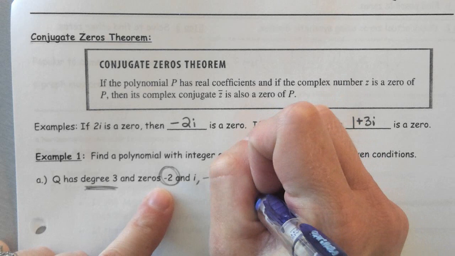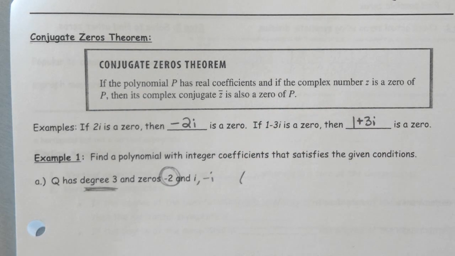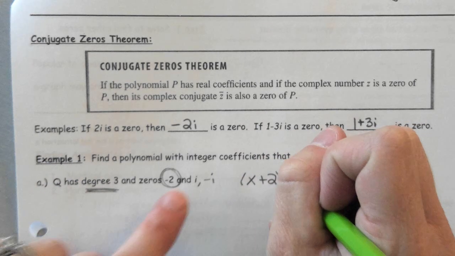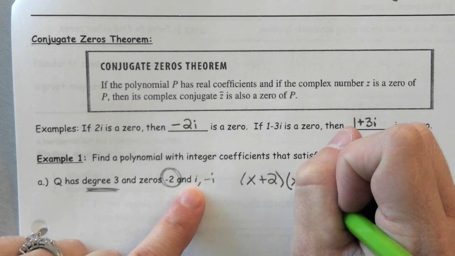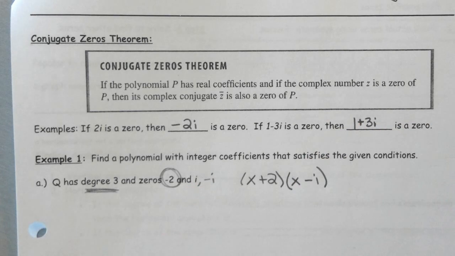Now, we've got to think backwards and think where it came from. If negative 2 is a solution, it came from x plus 2. If i is a solution, it came from x minus i. So think about that for a second. Remember that this is the zero product property that we're using.